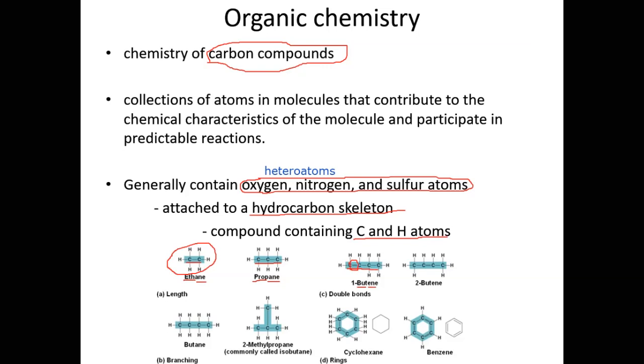So now we have butene. And if we look at the second example next to it, again, we have 4 carbon atoms, which is but, and we have one double bond, which is -ene. So both of these are called butene.